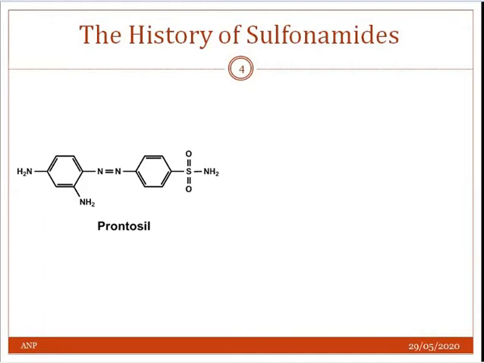See, in vivo and in vitro. In vivo means inside the body, right? In vivo, inside the body, and in vitro means outside the body.